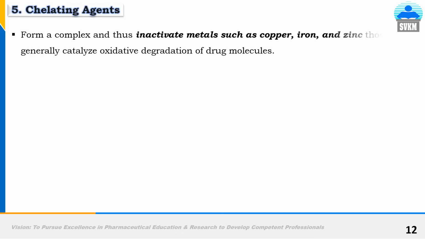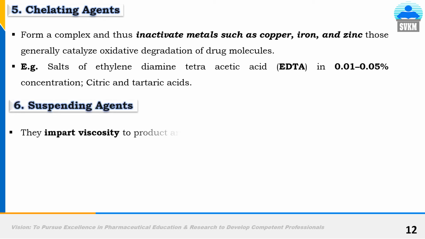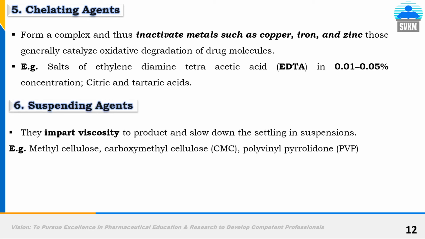The next category of additives is chelating agents. These agents form a complex and thus inactivate metals such as copper, iron and zinc, which generally catalyze oxidative degradation of the drug molecules. The most commonly used example is a salt of ethylenediaminetetraacetic acid, that is EDTA, at 0.01 to 0.05%, and citric acid or tartaric acid.